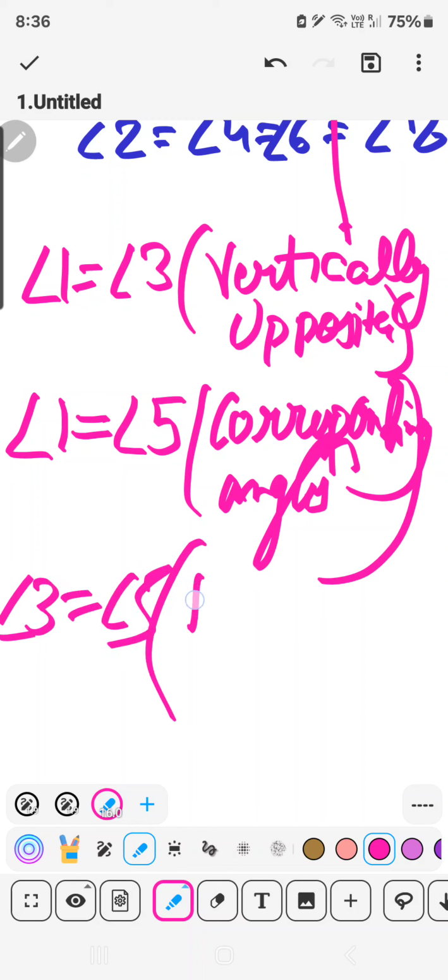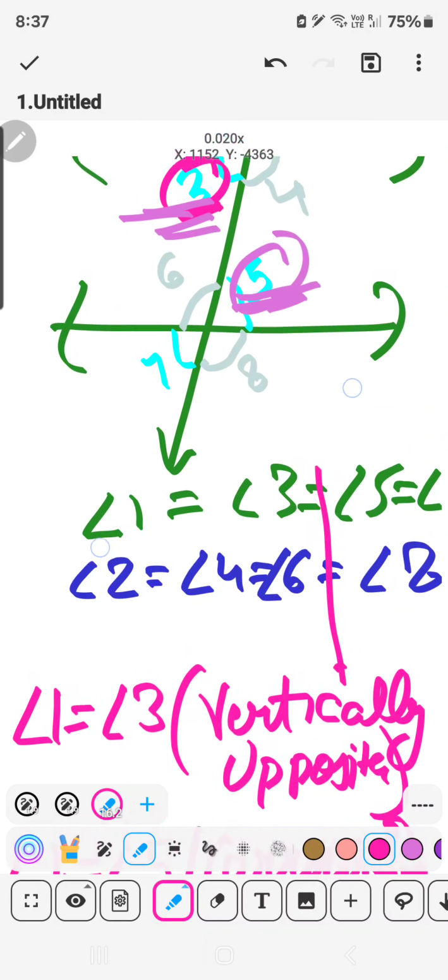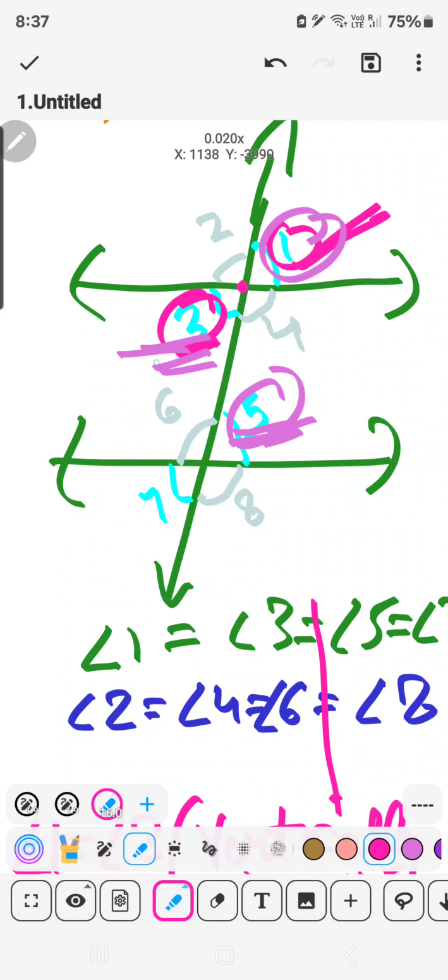It is alternate interior angles. Alternate interior means all these are alternate, and these are interior also, so alternate interior.